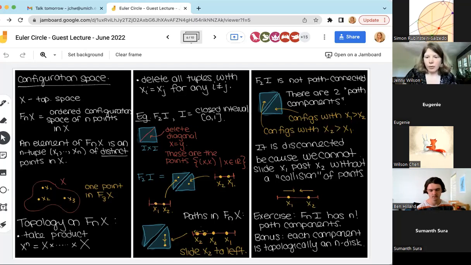Like when does there exist a map of this form that is continuous with respect to the topologies on F_n(X) and F_{n+1}(X)?